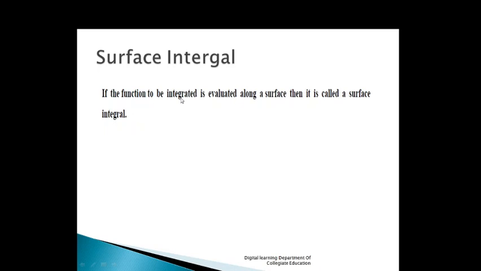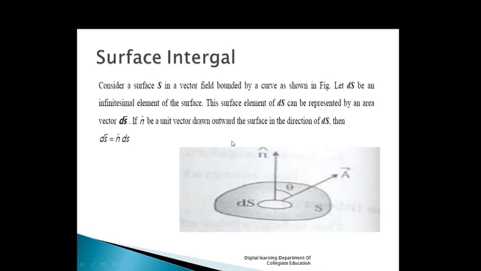Whereas if the function is evaluated along a curve, it is called a line integral. Let us consider a surface in a vector field bounded by a curve as shown in the figure.